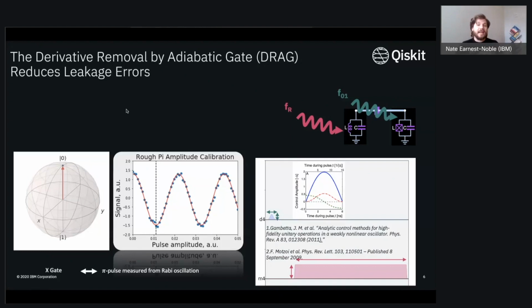What's nice about this drag pulse is that it has a very nice analytical form, which is discussed in good depth in these 2 papers. I will say that this is an active area of research in which people try to construct pulses that are beyond DRAG in some sense, to get the fastest possible gate while having no leakage errors as well.